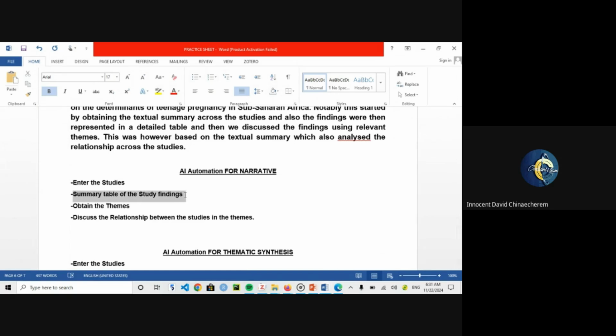I'm also going to demonstrate how we obtain this, because we already explained it in our data extraction. There are certain key parameters that we want to extract from the study findings, which are very relevant. Then we obtain the themes across these findings, then we discuss the relationship between the studies in the themes.